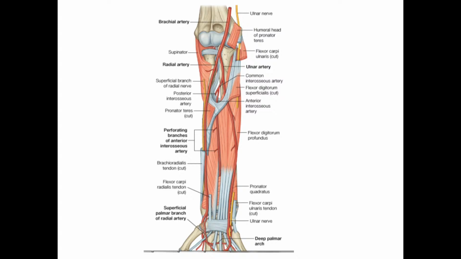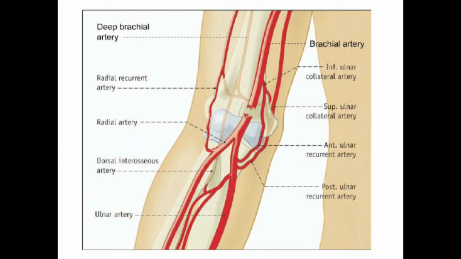So branches of the ulnar artery consist of the ulnar recurrent artery. It has anterior and posterior branches, and they are anastomosing and creating the network around the elbow joint. And as you see on this photo, this is our brachial artery, and it is continued with our ulnar artery, right?